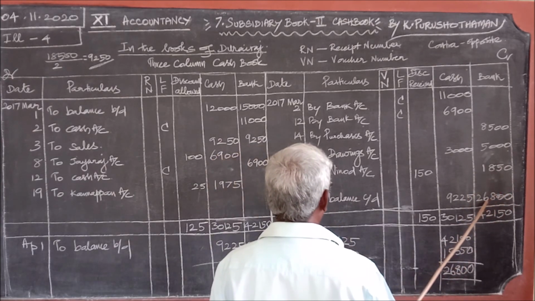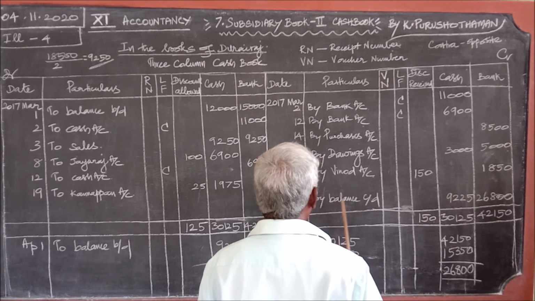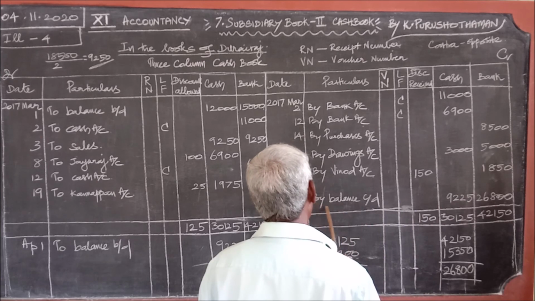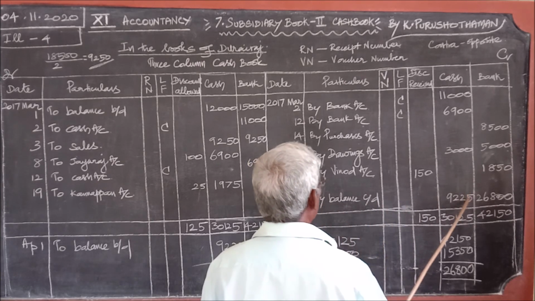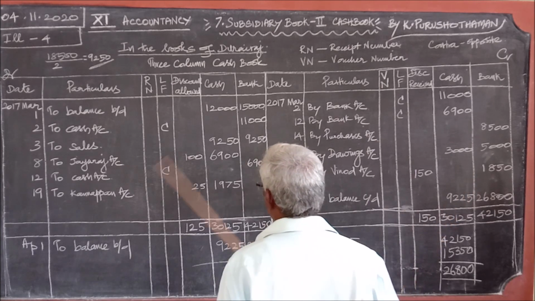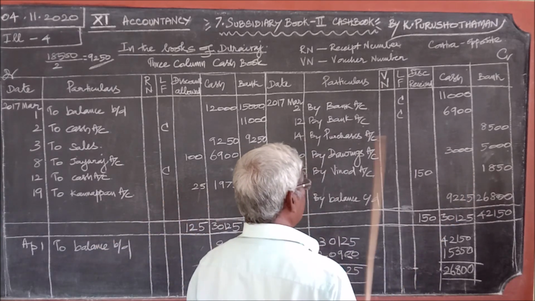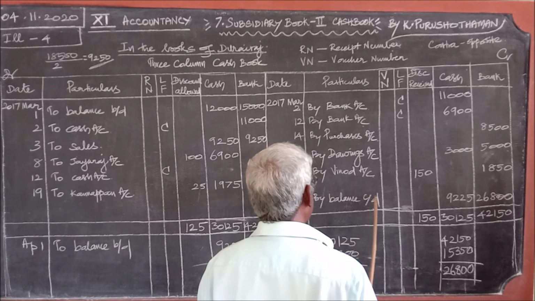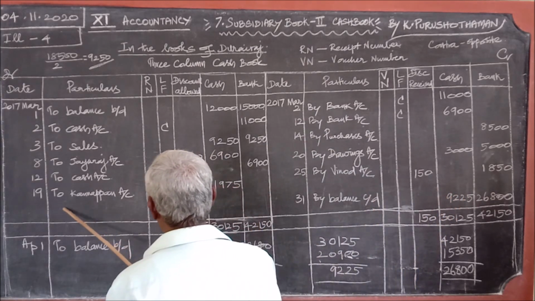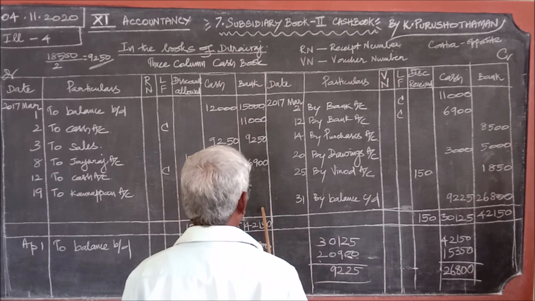How much? 26,800, you write it. Here already we have written by balance carried down. For both the balances, we write only once here the balance carried down. Suppose for cash there is a balance and for bank there is a balance, then what must you write? Here by balance carried down for cash. There is the bank balance also, so now 2 balance carried down entries you should write here.